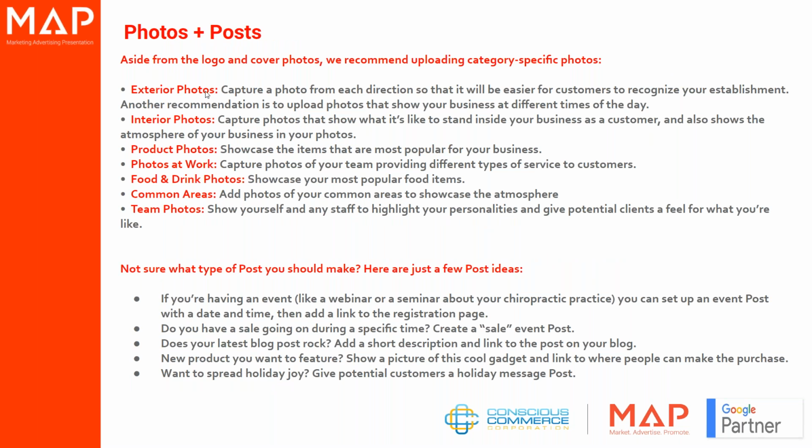The photos, expanding on that, so you have all of these photo options. And what Google's trying to do here is teach people how to structure data. One of the underlying strategies with SEO is structured data. So every time you publish a photo, if it's an exterior photo, interior, products, photos at work, food and drink photos, common areas, team photos, Google says, okay, this is the virtualization of a business.